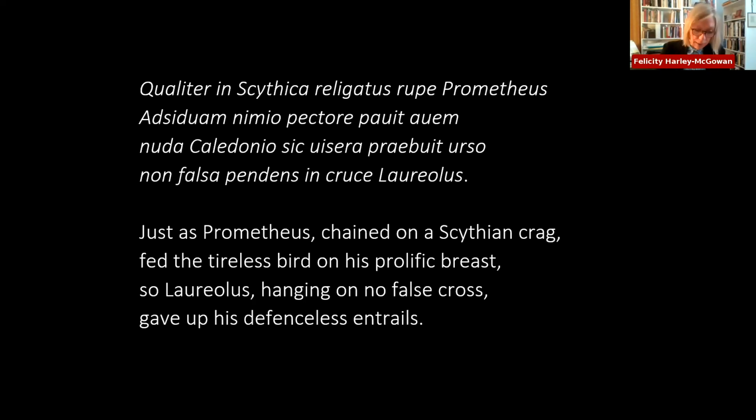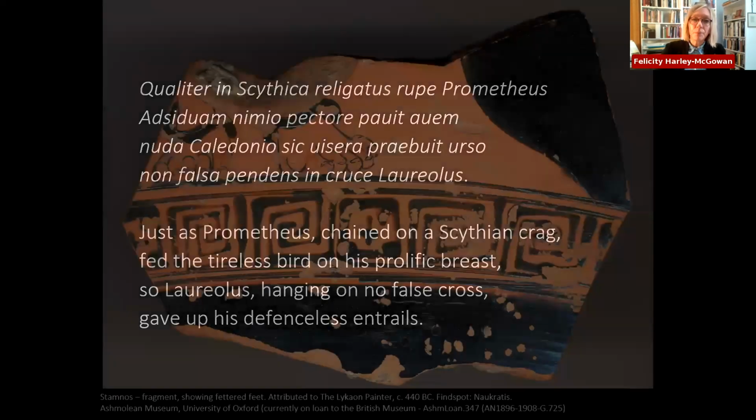As John Cook has emphasized, in likening Laureolus's suspension and torture to that of Prometheus, Marshall triggers for the contemporary reader or hearer associations relating not just to the Titan, but to a set of heroes and heroines who were affixed to their place of suffering, tethered at the wrists of their outstretched arms and sometimes their feet.